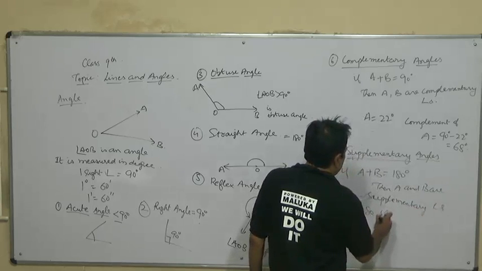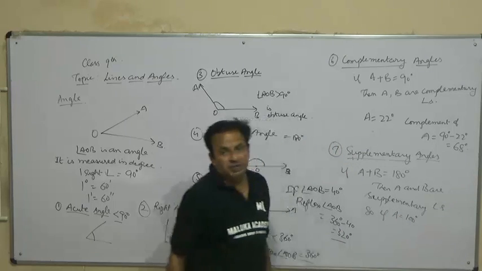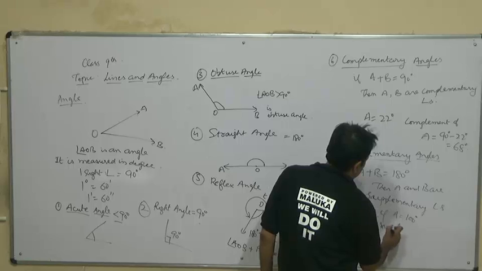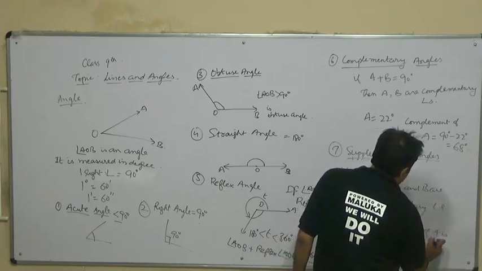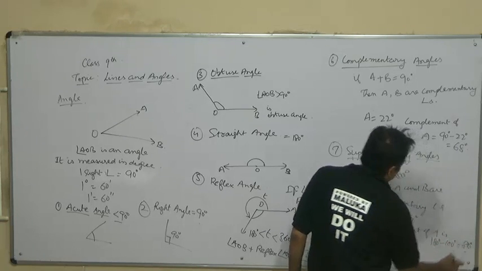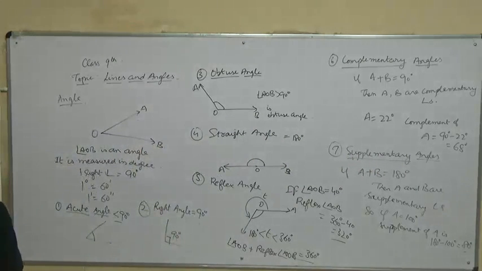So if A is equal to 100 degree, then what will be the supplement of A? Supplement of A will be 180 degree minus 100 is equal to 80 degree. So if you want to find the supplement angle of any angle, just subtract that angle from the 180 degree, and if you want to find the complement of the angle, subtract it from the 90 degree.